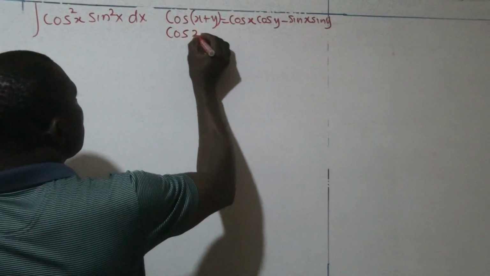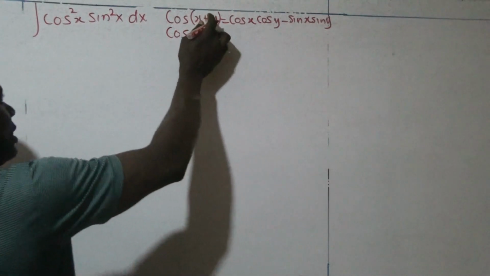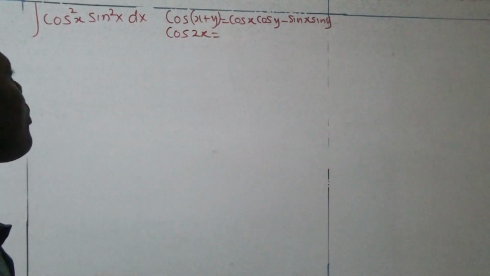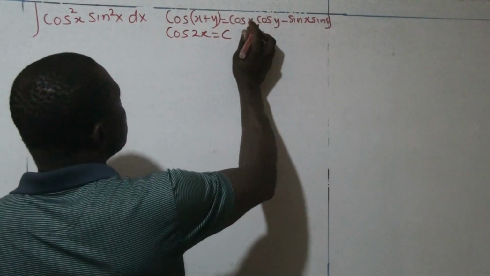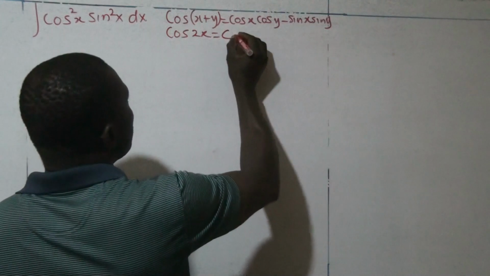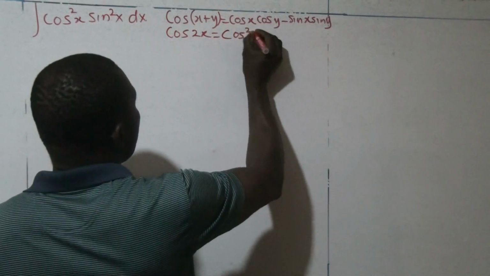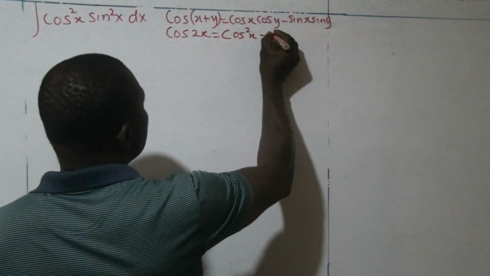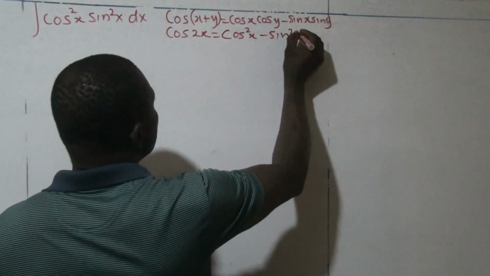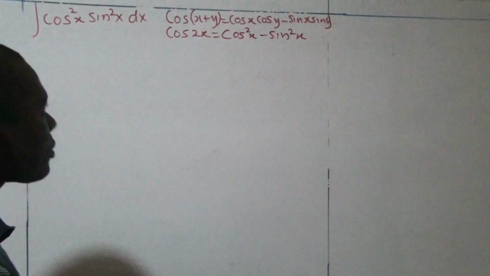That will give us cos 2x. This becomes cos x cos x, which gives us cos squared x, minus sin x sin x, that will give us minus sine squared x.